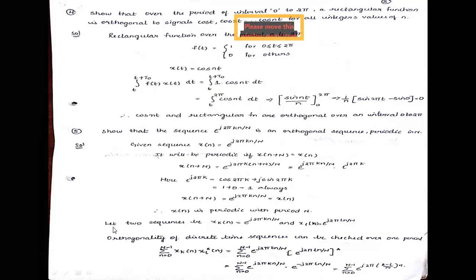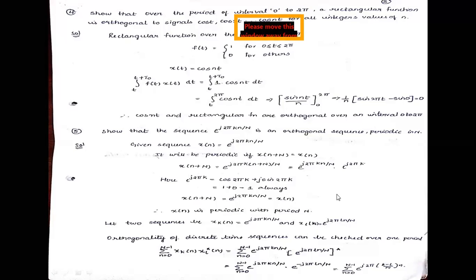Okay. Now, if I am taking that sequence as two functions, let the two sequences be x k of n, where k is a suffix, e power j 2 pi k n by capital N, and x l of n, where l is a suffix, e power j 2 pi l n by capital N. So for k, I am taking kn, and here where l is there, I am taking ln.